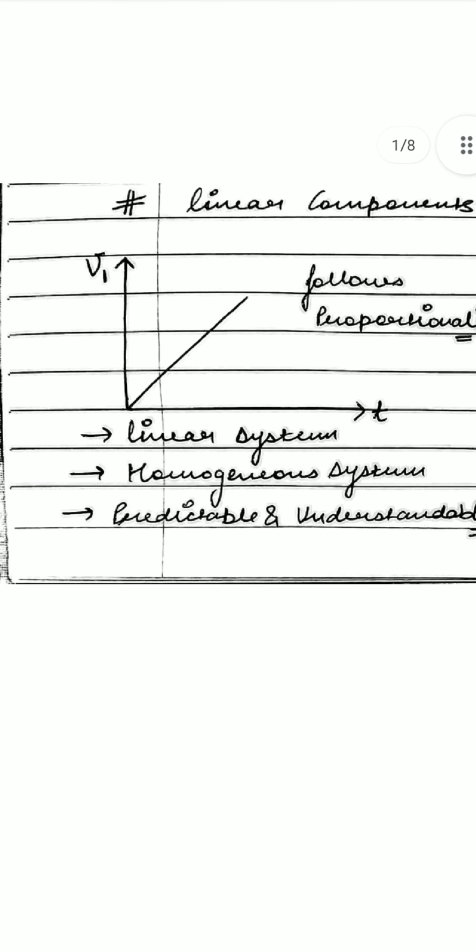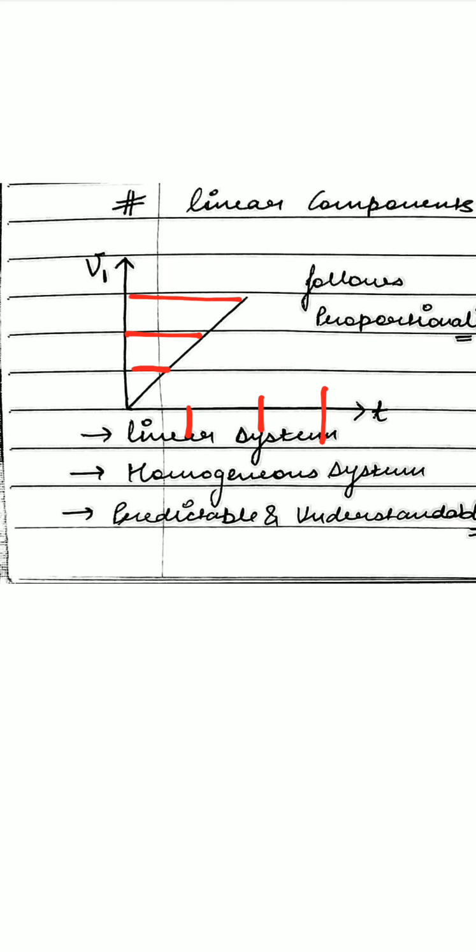As you can see from this diagram, at t equal to 1 second we can determine the voltage. For example, voltage is 1 volt. At t equal to 2 seconds, voltage is 2 volts. At t equal to 3 seconds, voltage is 3 volts.